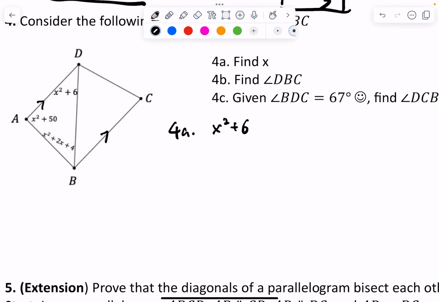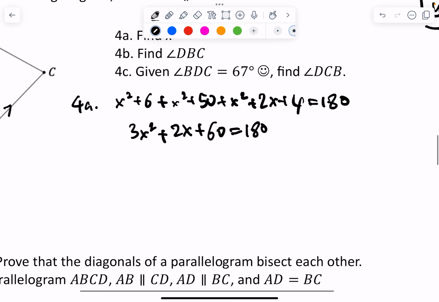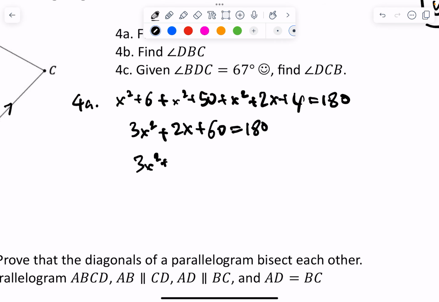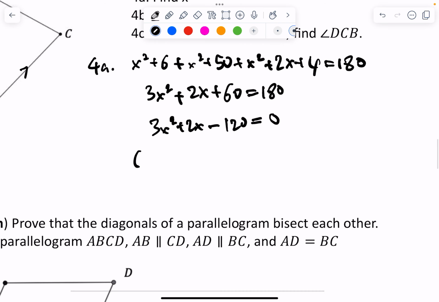So x squared plus 6, x squared plus 50, x squared plus 2x plus 4 equals 180. 3x squared plus 2x plus 60 equals 180. 3x squared plus 2x minus 120 equals 0. And then from here we can just factor 3x and x.